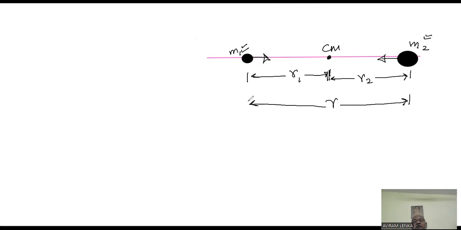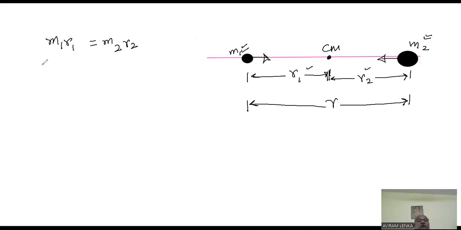Because it's a two mass system, it must have its own center of mass. If the center of mass is at R1 and R2 from M1 and M2, then we already know that M1 R1 equals M2 R2.